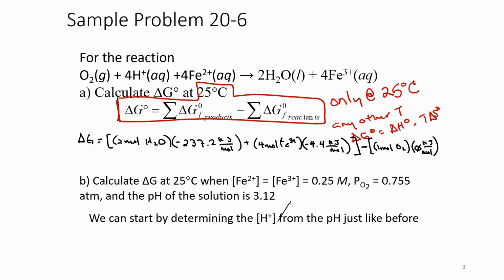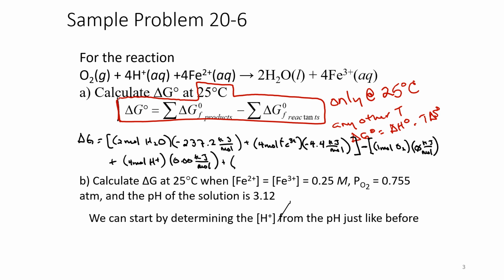We're going to add to that. I'm running out of space over there, so we're going to add to that down here. We now have 4 moles of H+. If I look that up, it is also 0 kilojoules per mole. For delta G and delta H, strong acid is 0 kilojoules per mole.